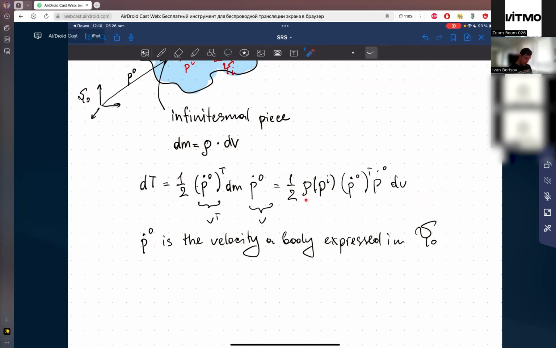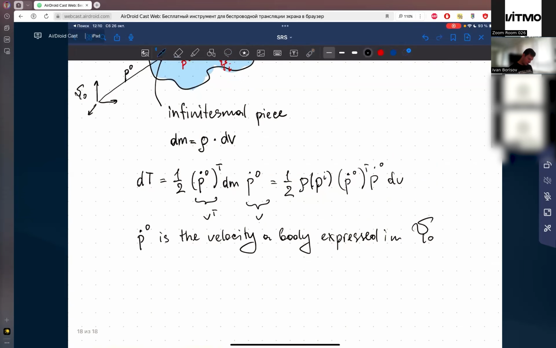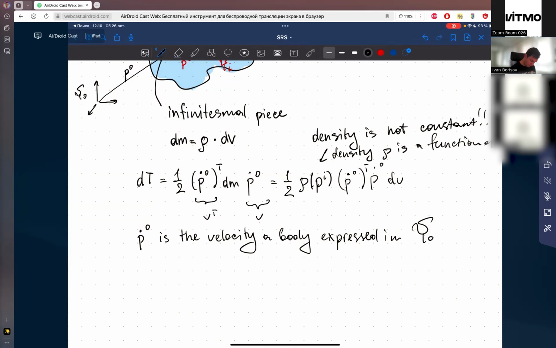It's not rho times p, it's rho that depends on p. So density is not a scalar, I mean, it's not constant. Density rho is a function of p.